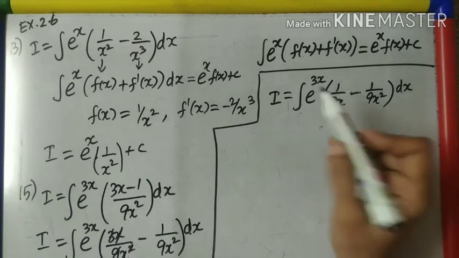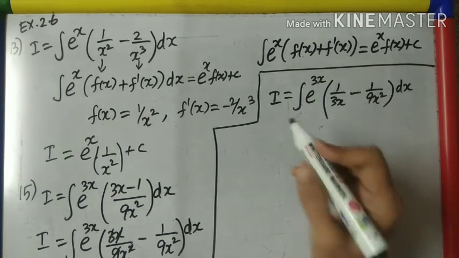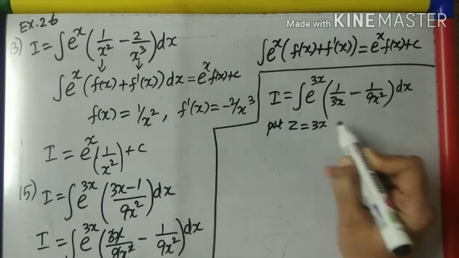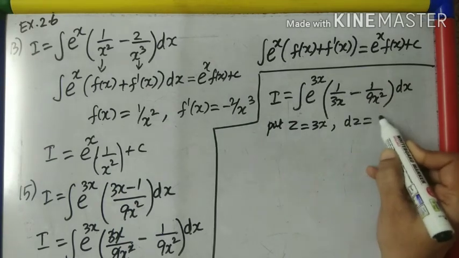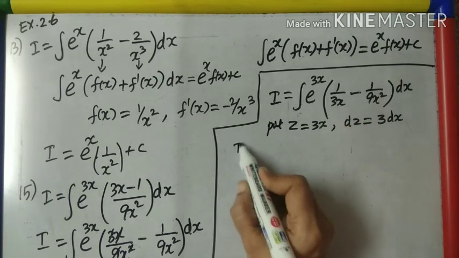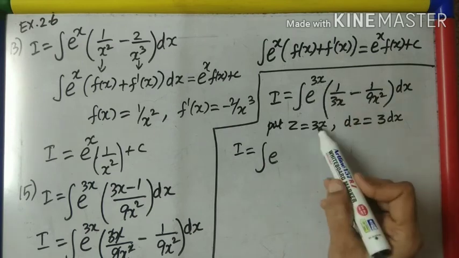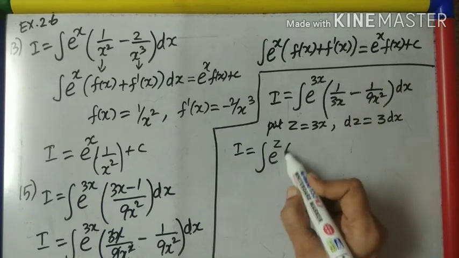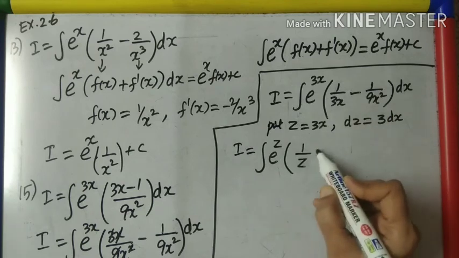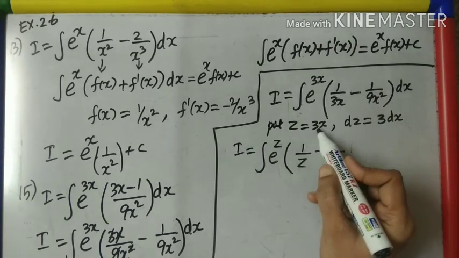A little earlier we have learnt e power what? Make it as a substitution. So put z is equal to 3x. So dz will be 3 dx. Putting it back in the question, I is equal to integral e power 3x, I will write z. 1 by 3x, I will write z, minus 1 by 9x square means square of this.